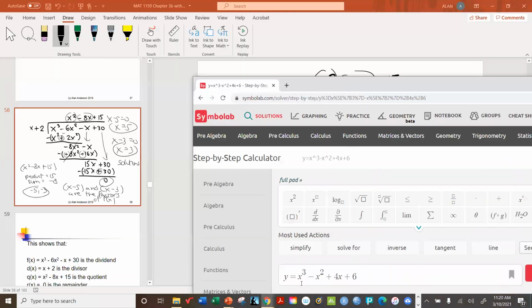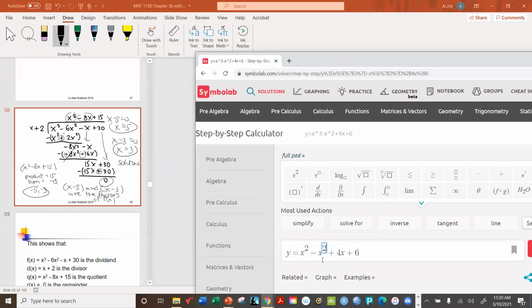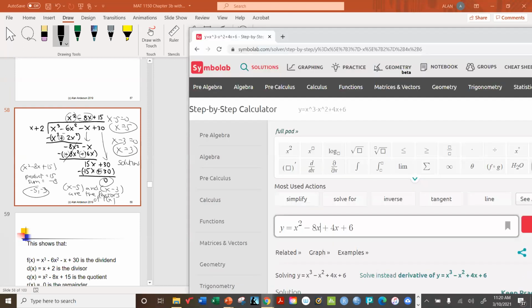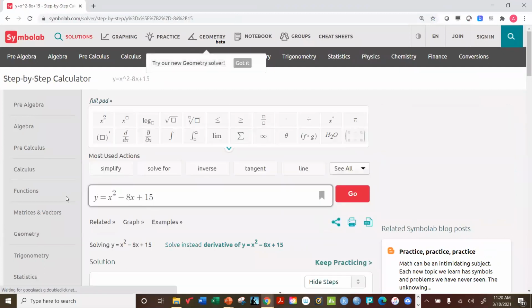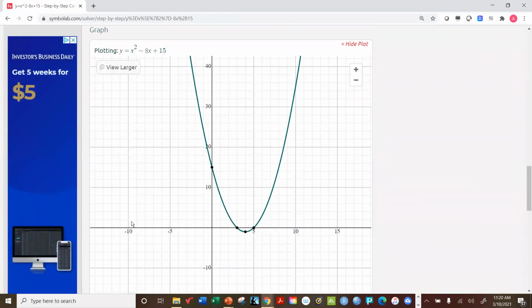So we need x squared minus 8x plus 15. And there it is. So yes, it's got the two solutions, 5, 0 and 3, 0. So those are the solutions 3 and 5. And you can see it also has a vertex right here.